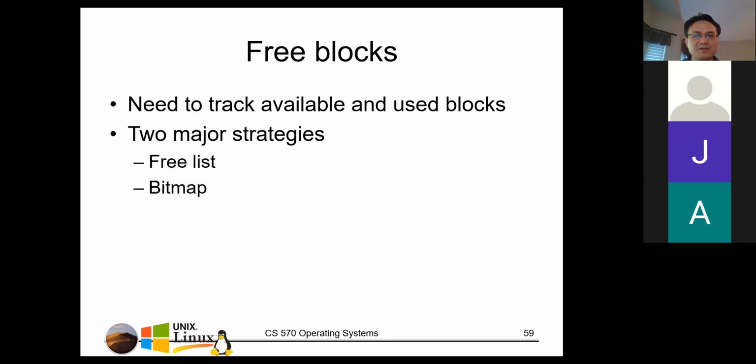Essentially, tracking free blocks is tracking available and used blocks. So there are two major strategies, the same as what we talked about in memory management for managing free blocks of memory. That would be a linked list or a bitmap, okay?